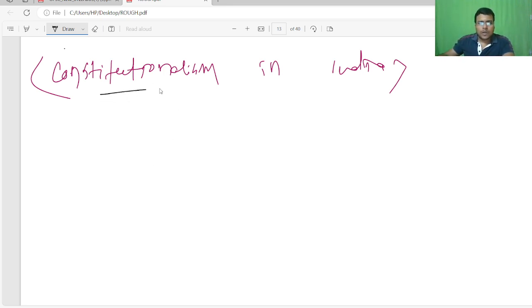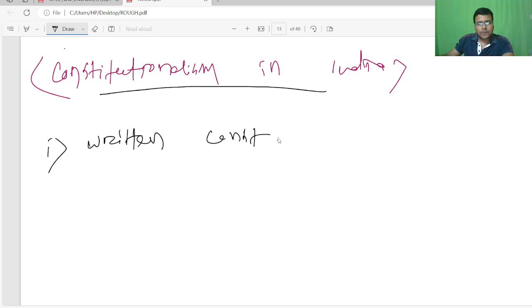So first, we have a written constitution. The written constitution promotes that in India we have constitutionalism.